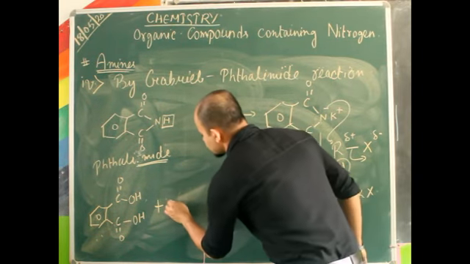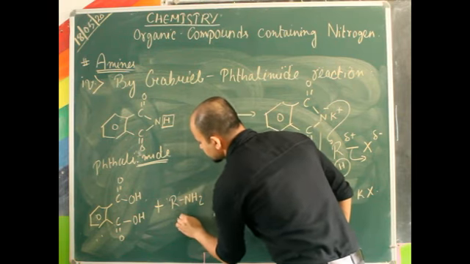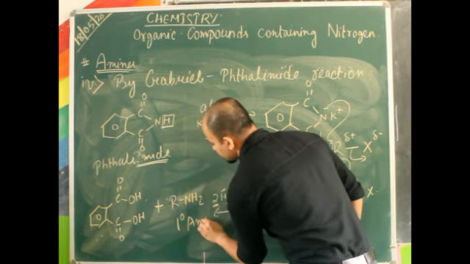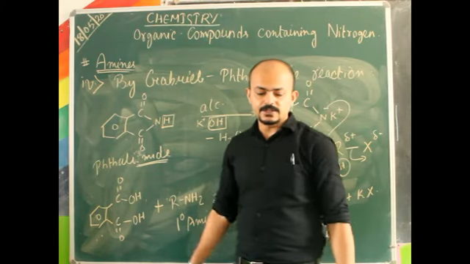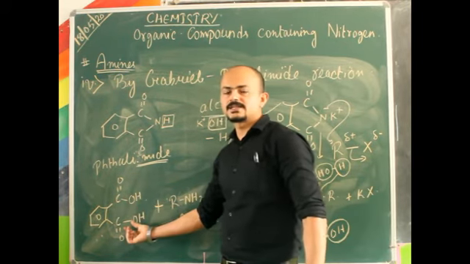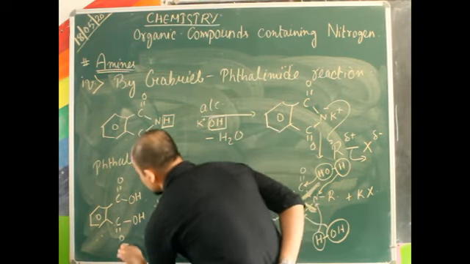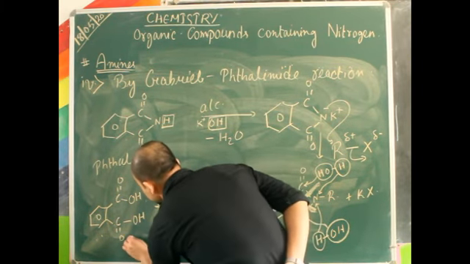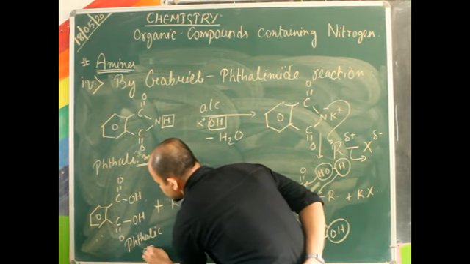Therefore, I can write it as what? RNH2, and this is now 1st degree amine. Okay? And this compound is known as what? Phthalic acid. Since COOH group is present, therefore it is known as what? Phthalic acid.